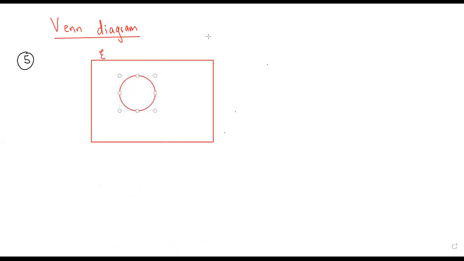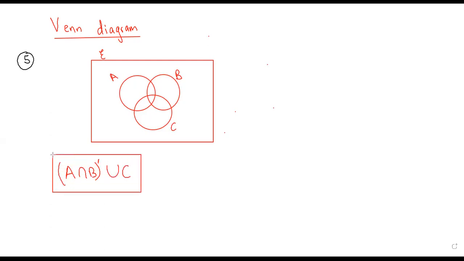Set A, then set B, and then set C. A, B, and C. And the question is a bit complicated. A intersection B, whole complement, union C. This is what you need to find. Okay, just number the entire stuff and then let me know.